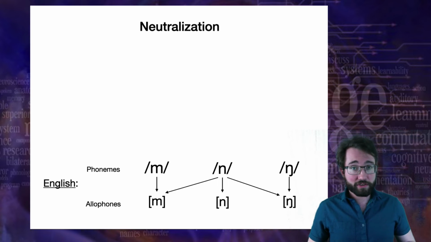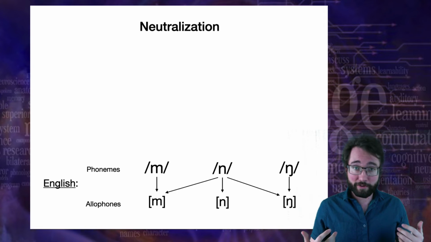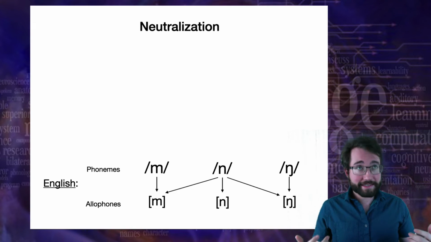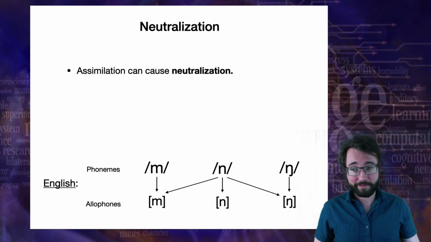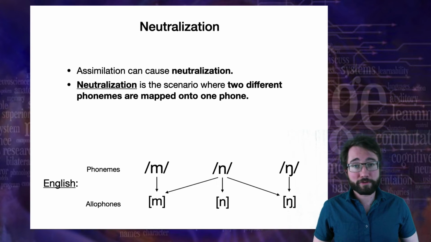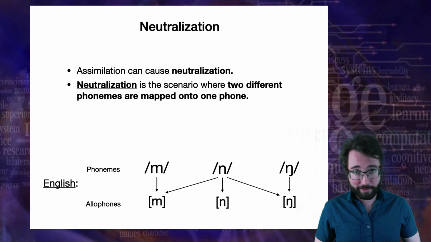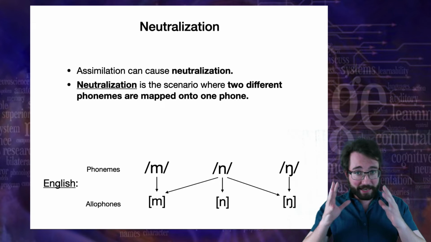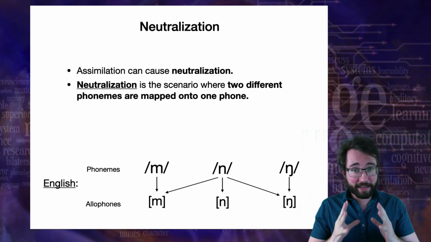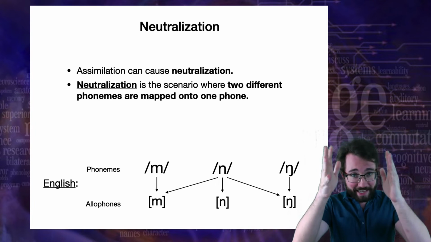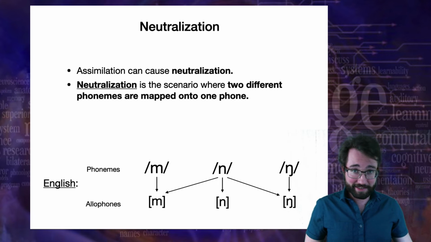Neutralization refers to a scenario where a phonological rule creates a context where you can't tell what phoneme a particular sound actually is realizing. So two different phonemes get mapped onto one phone. In this case, sometimes an M is underlyingly the phoneme M, but sometimes an M is actually underlyingly the phoneme N, which has just undergone place assimilation.